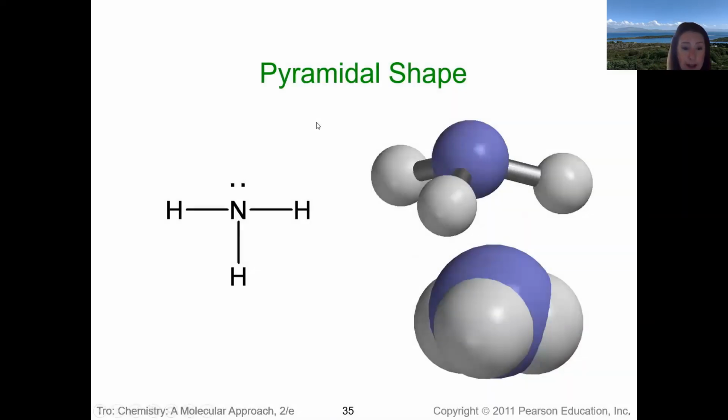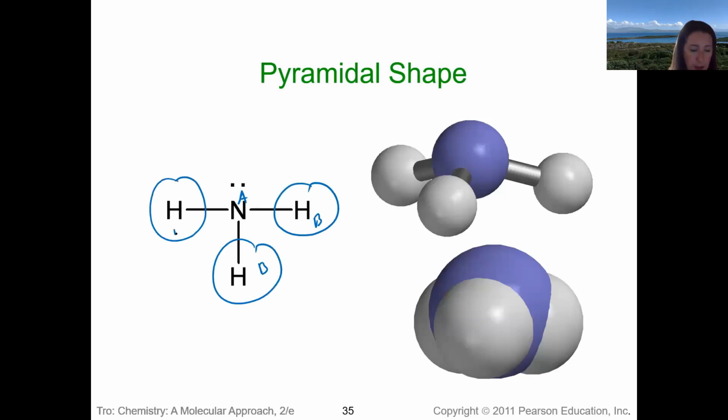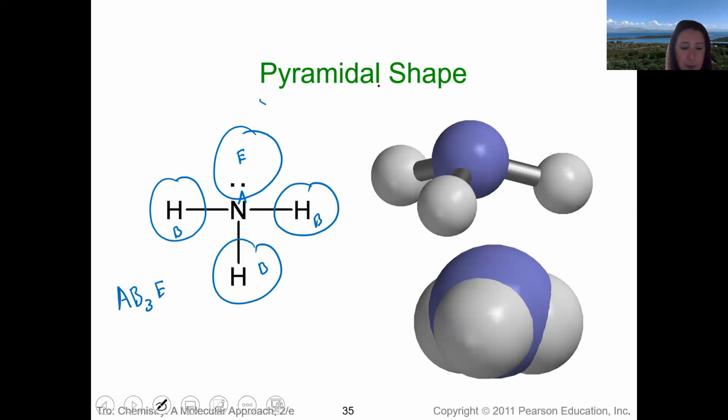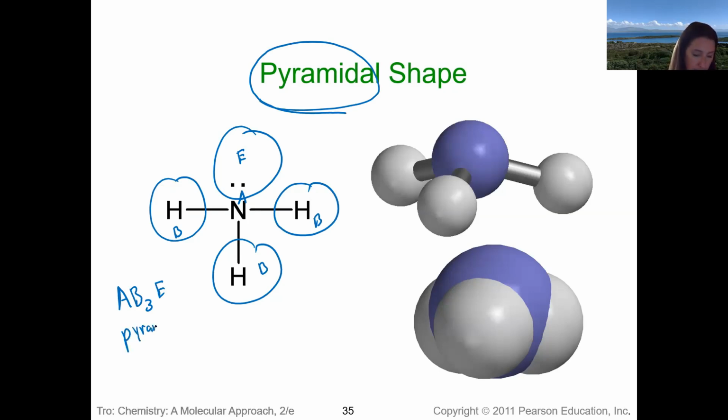But if we look at our NH3, this is A, B, B, B, E, AB3E. This is pyramidal. So the shape is called pyramidal, or we call it trigonal pyramidal. You'll see why in a little. Trigonal pyramidal, and its bond angle is just less than 109.5.